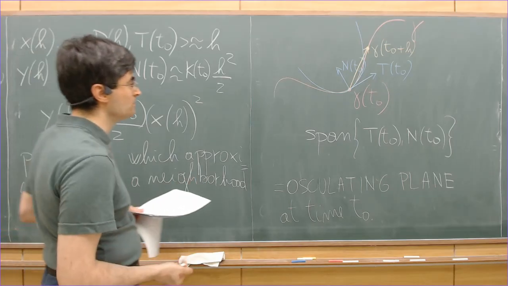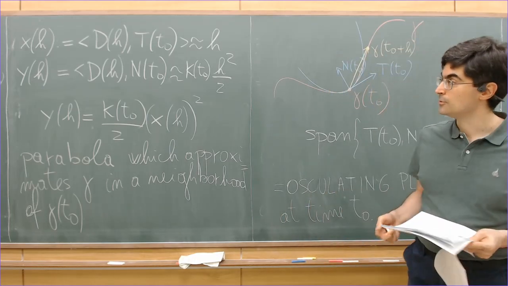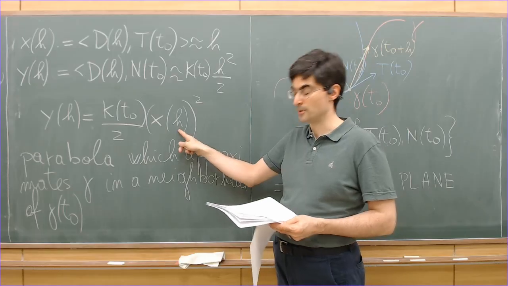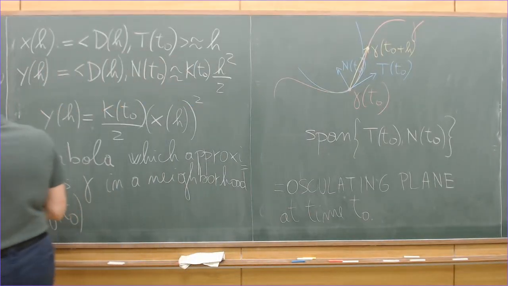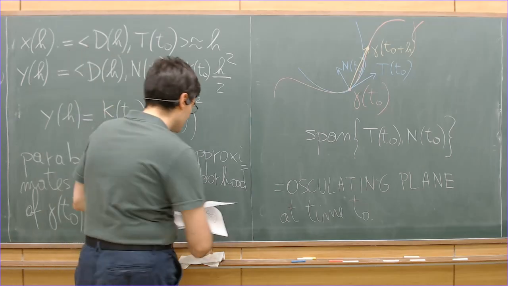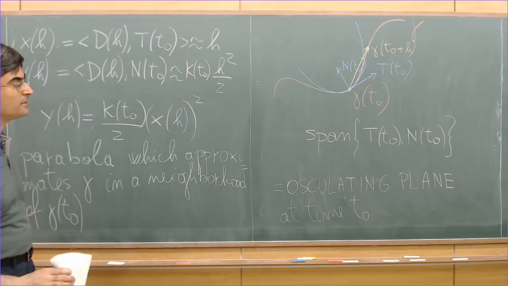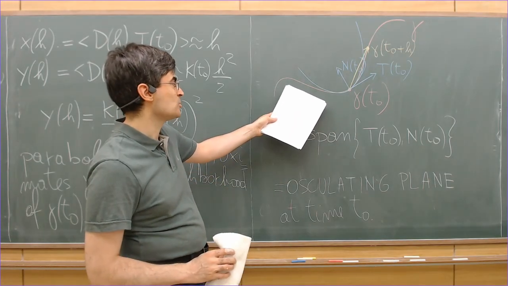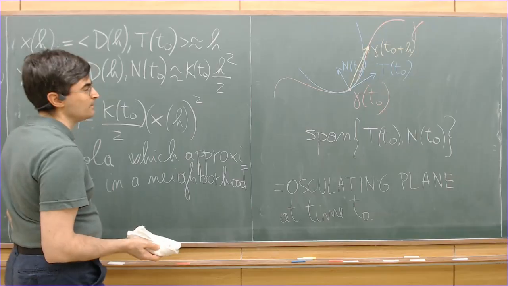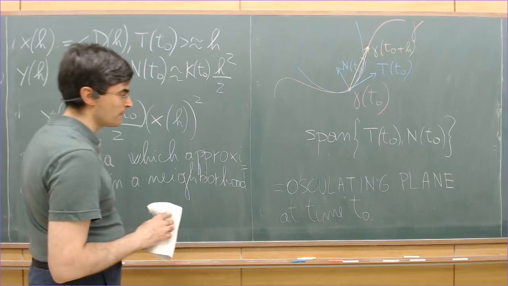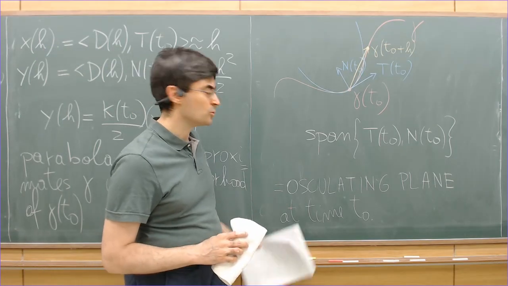Why in a neighborhood? Because the smaller h is, the better is the approximation. What I want to tell you now is that there exists another curve which approximates the trace of gamma in a neighborhood of gamma t0, and it is a circle. This circle is called osculating circle.